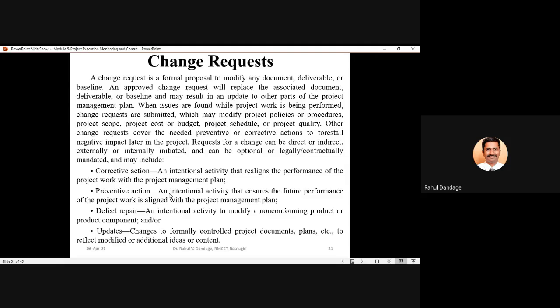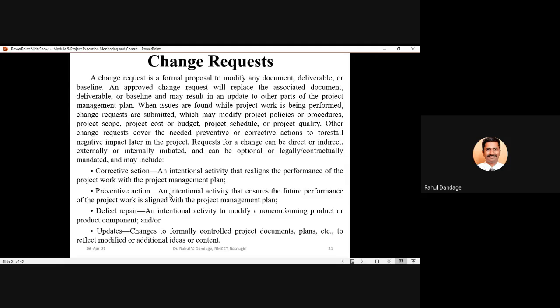The change request may be generated internally or it may be generated external to your organization. The change request may be optional or it may be made mandatory, keeping in view the progress or the success of your project.